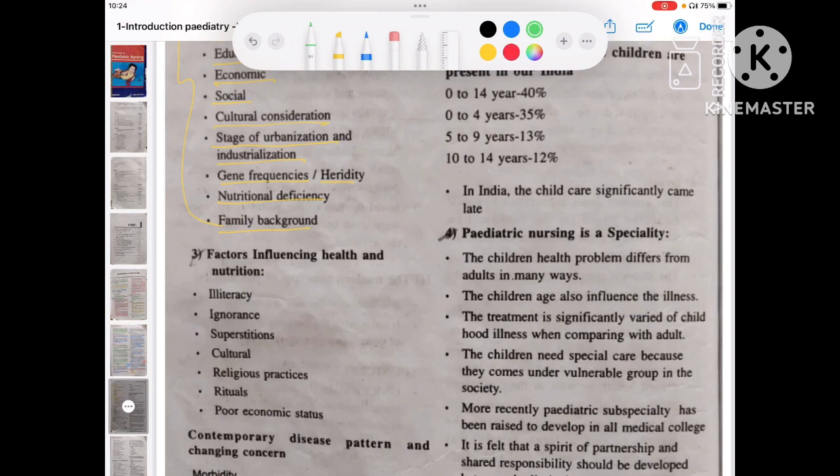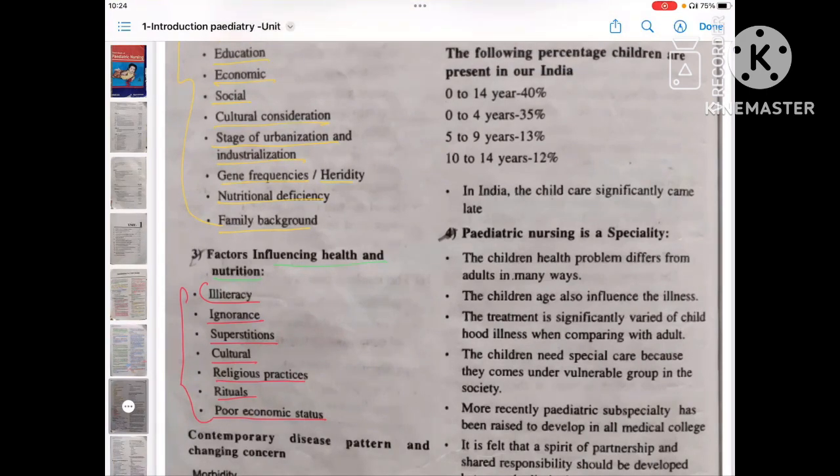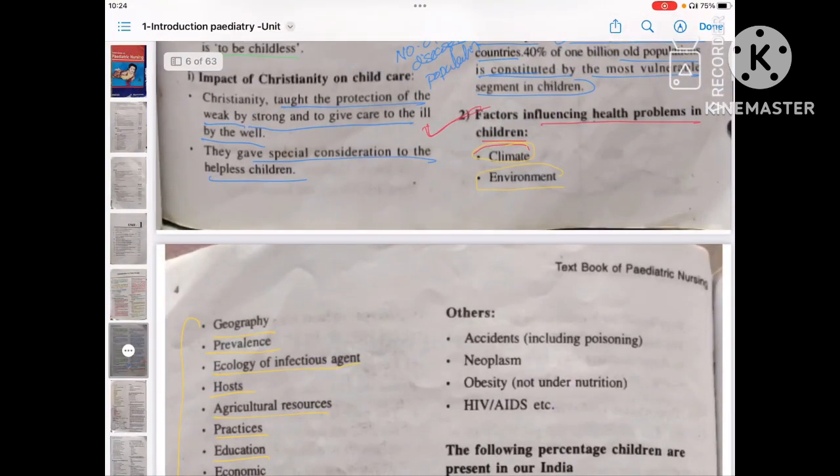So we have seen what influences health problems in children.